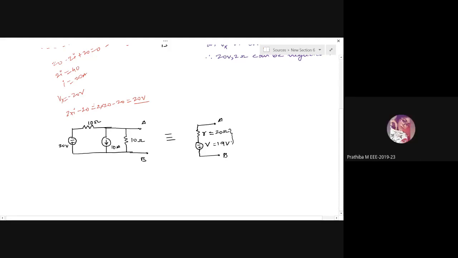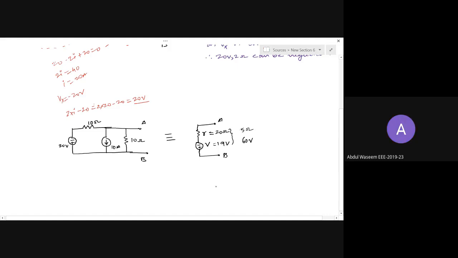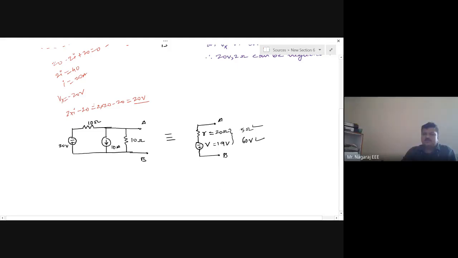The answer we got is 60 volt and 5 ohm. R equals 5 ohm and voltage is 60 volts. Okay, these are the correct answers. 5 ohm and 60 volts. Spurti, please check your calculations.